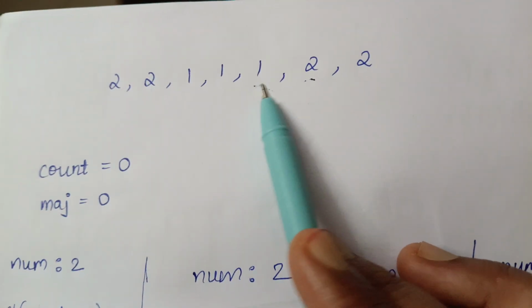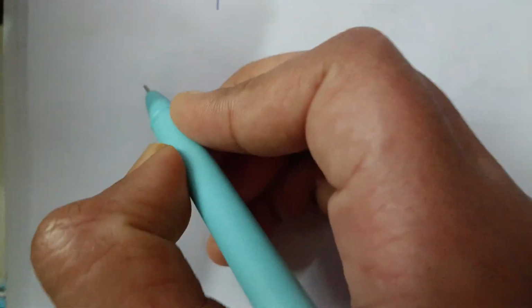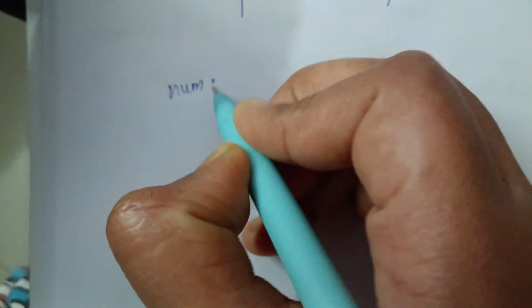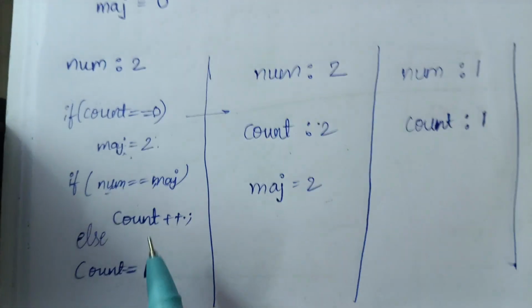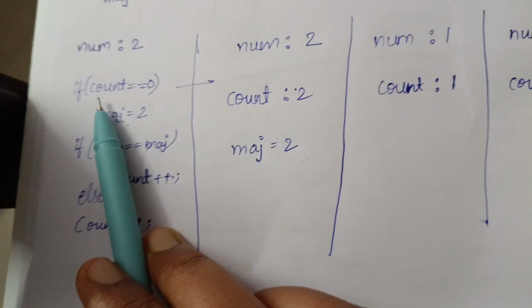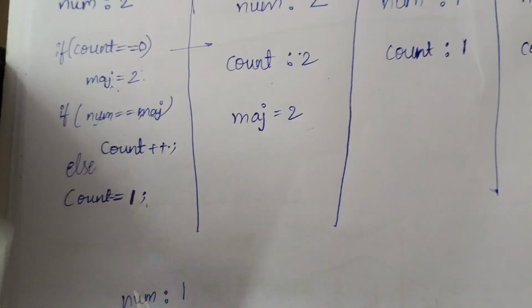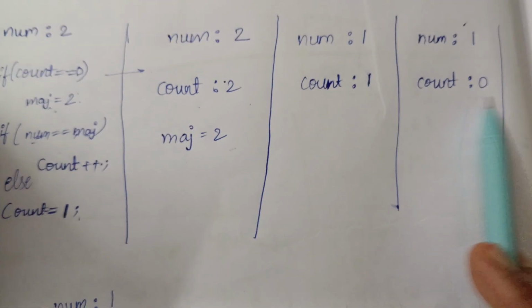Now we will run it for the fifth time, that is for 1. Num is 1. Now it will check the if condition, that is if count == 0. Yes, the count value is 0.